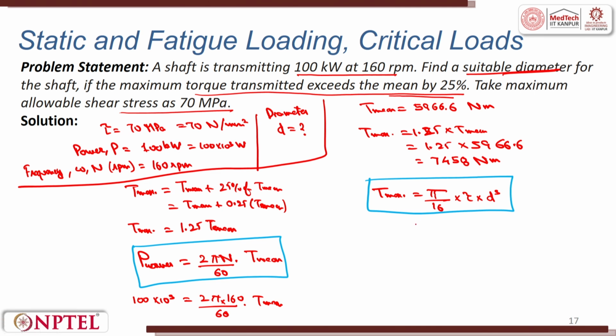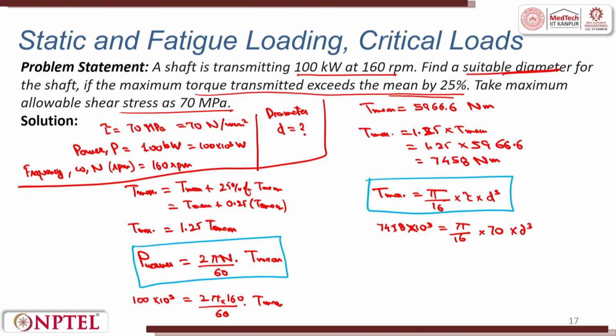Other dimensions are all in millimeters, so I will also convert this into millimeter. It is 7458 into 10 raised to power 3 is equal to pi by 16 into the value of tau, which is given already, 70 newtons per millimeter square. Everything is in millimeters, into d cube.